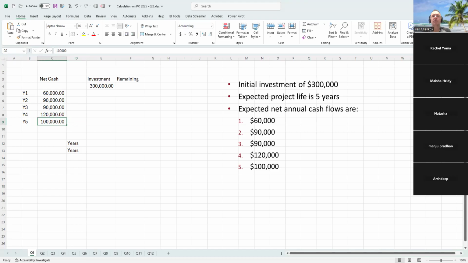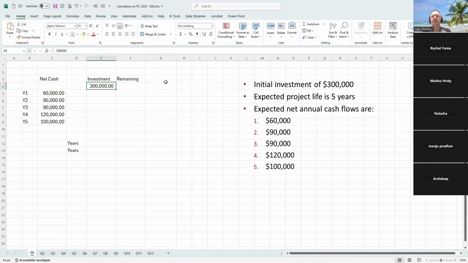Now the question is, at which point are we reaching $300,000? At which year? So what we can do, there are two options here. First option is to start with the initial investment and start deducting until you become zero, or start with the initial cash flow and start adding to get the cumulative.